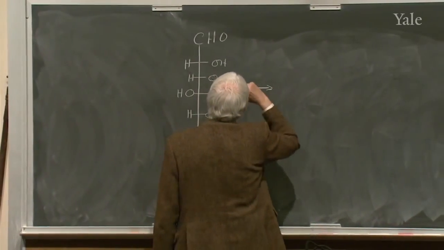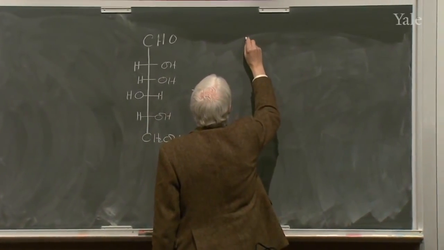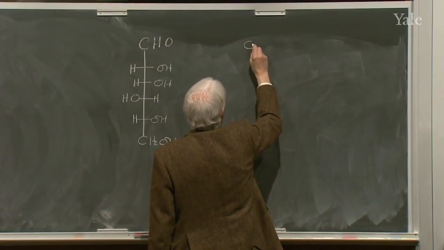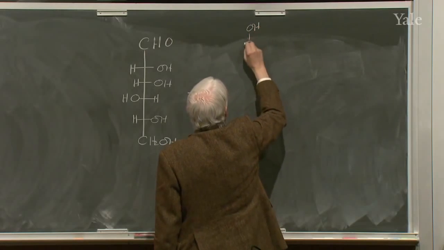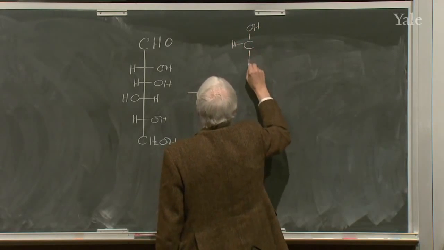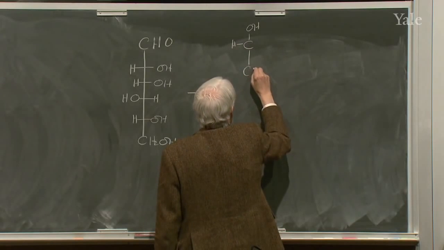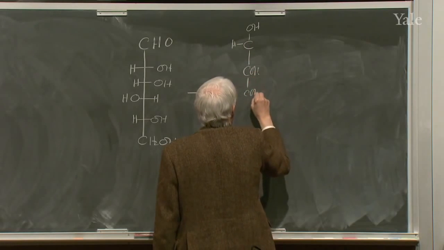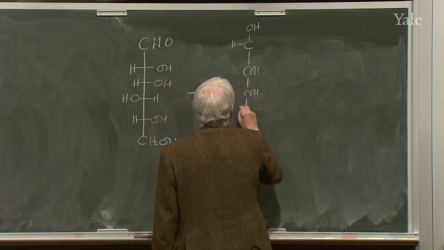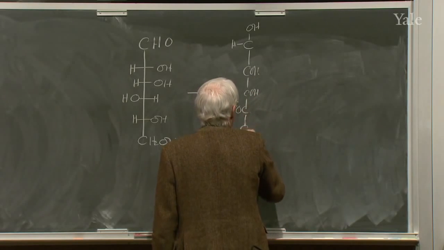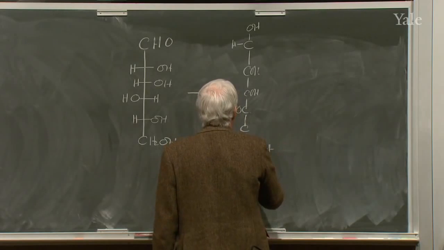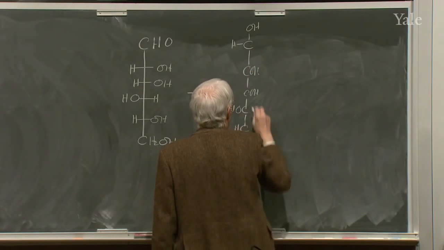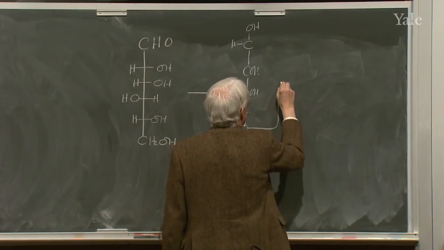If we made a hemiketal, we could have CHOH, CHOH, CHOH, and down here CH2OH. And now this oxygen has to go to there. So I could draw it this way.